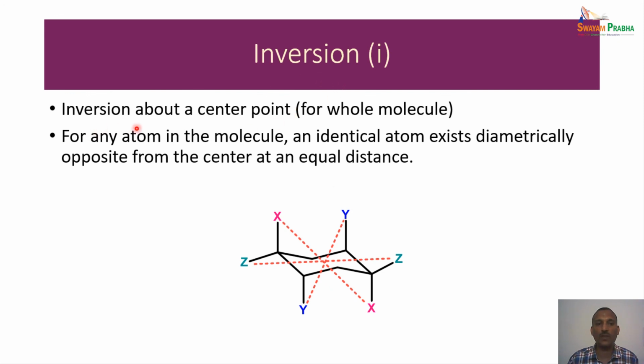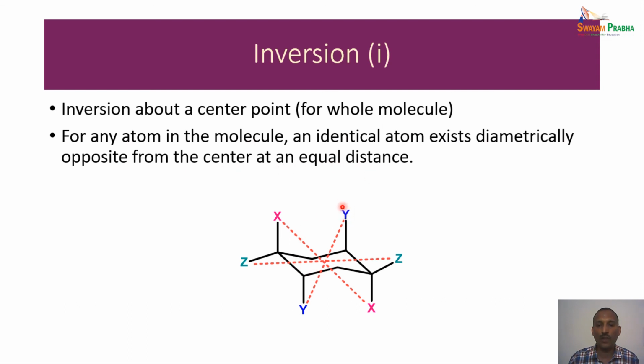So in the inversion, we are talking about the point or a center of the whole molecule. From this center, if I go in the opposite direction and I meet the same atom or group in the opposite direction for every place, then we say this molecule has inversion. That means for any atom in the molecule, an identical atom should exist diametrically opposite from the center at an equidistance.